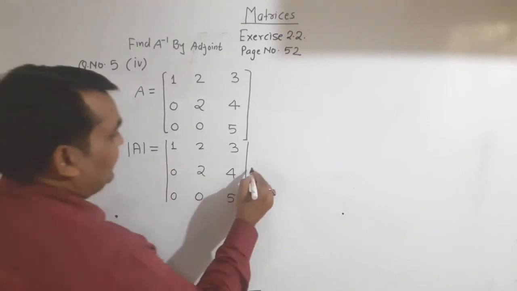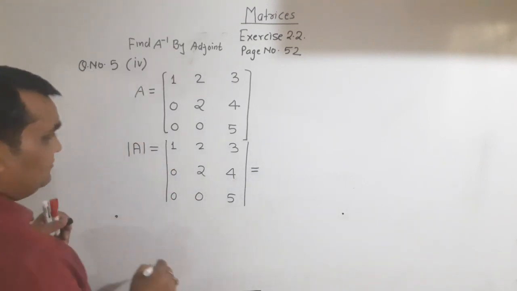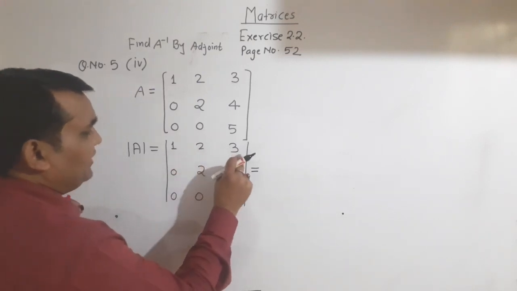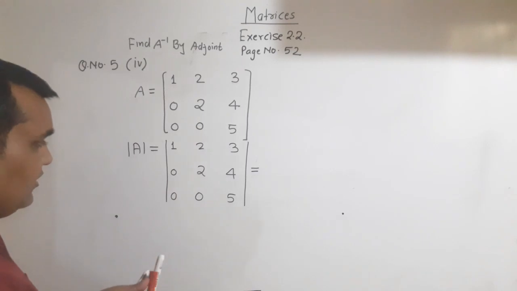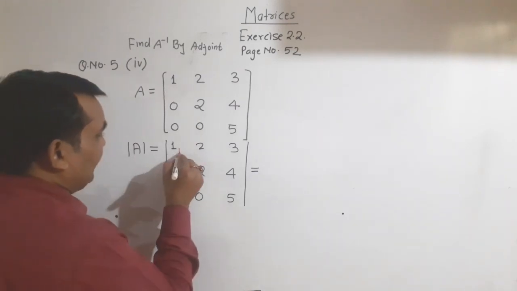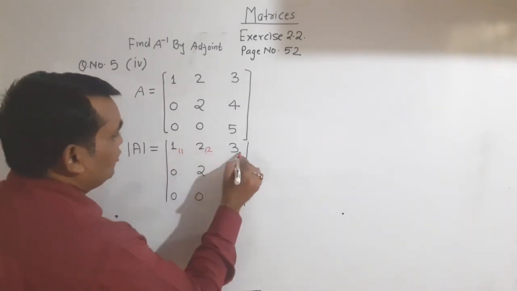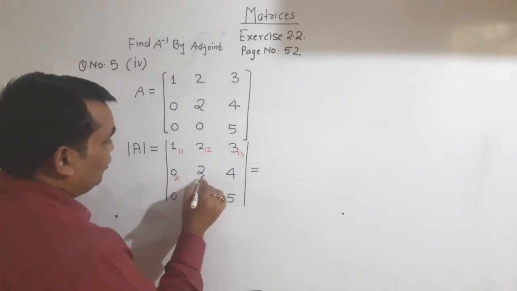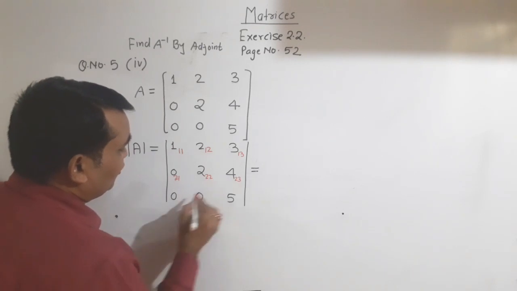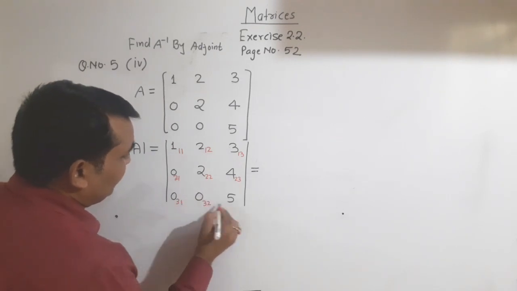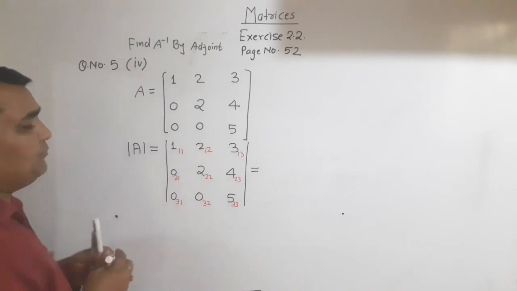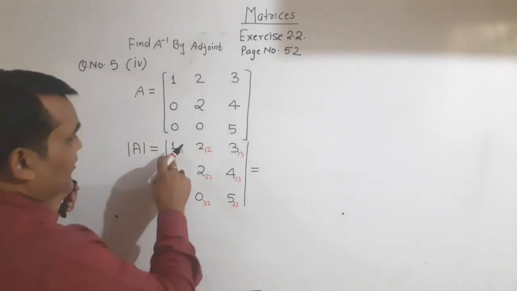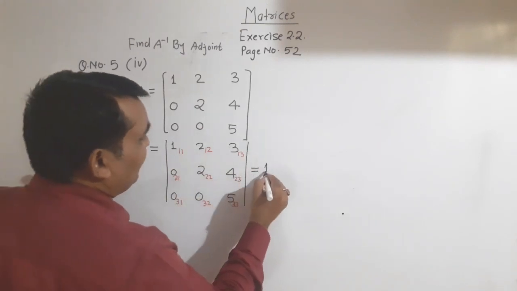To find the determinant of this, dear, try to understand. You have to multiply with the first row elements. So in the first row, I am going to write down the positions. My aim is to explain how to solve the determinant of order 3 by 3. 2 1, 2 2, 2 3, 3 1, 3 2, 3 3. This is the position of the elements. Now see here, from the first row elements you have to multiply.